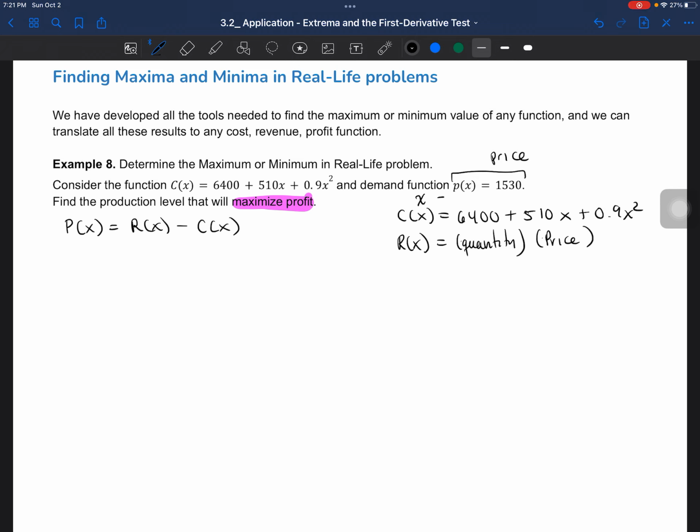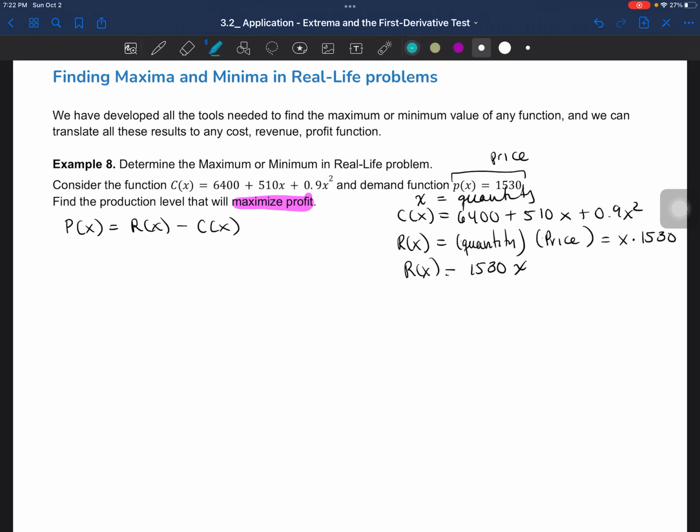In this case, x represents the quantity. So the revenue is equal to x times 1530. In other words, revenue is equal to 1530 times x.